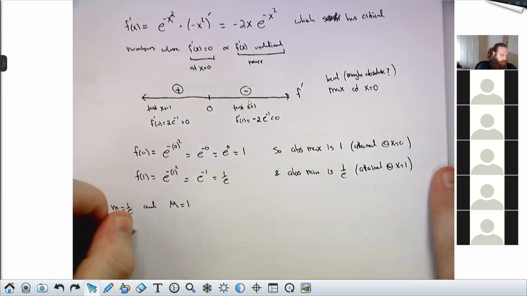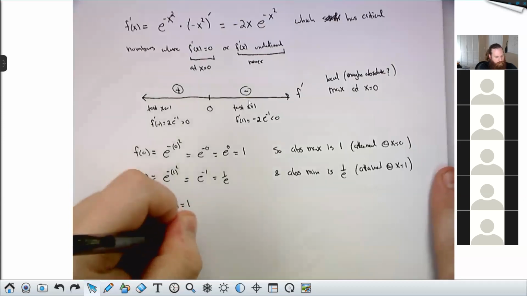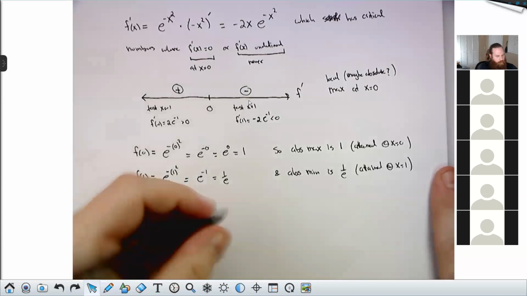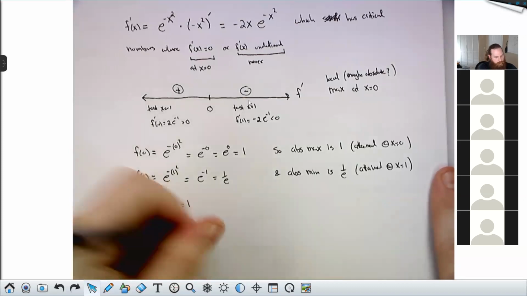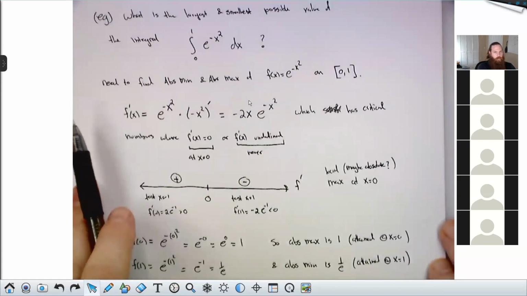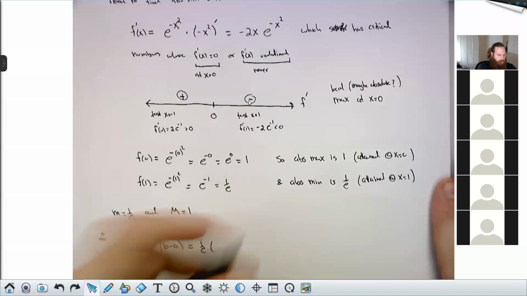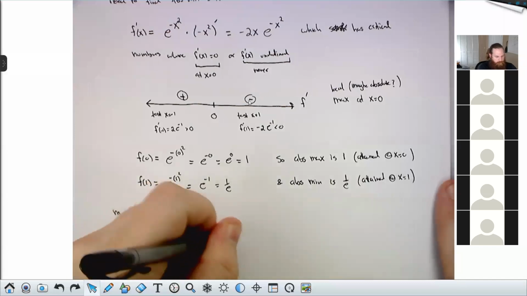Therefore, little m times b minus a is 1 over e times, well, what are a and b here? Remember, we're integrating from 0 to 1. So this is 1 minus 0.